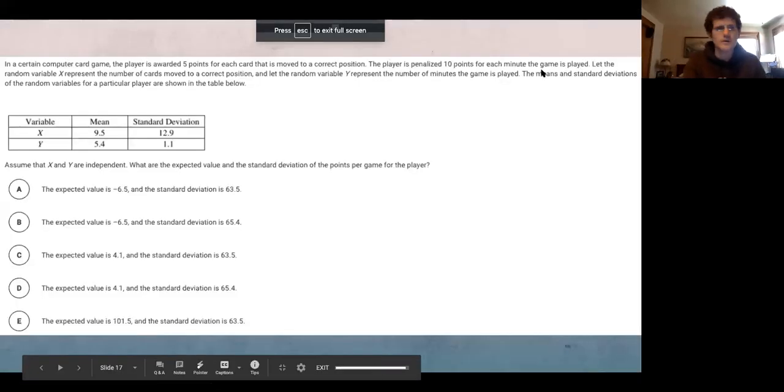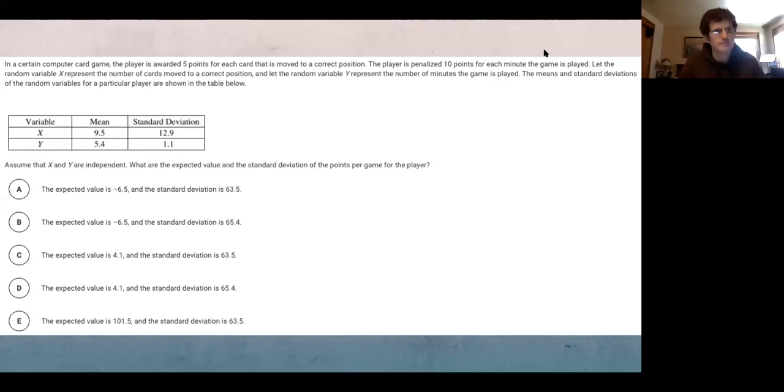So now we're looking at this problem. What we've got is a computer card game, 5 points for every card in the correct position, minus 10 for each minute the game is played. Now we have a random variable x that represents the number of correct cards in position, and another random variable y, which represents the number of minutes the game is played.